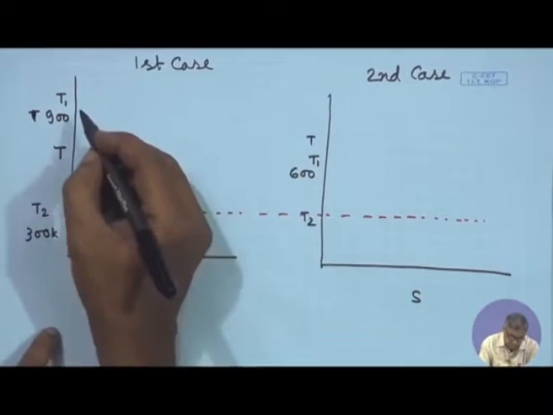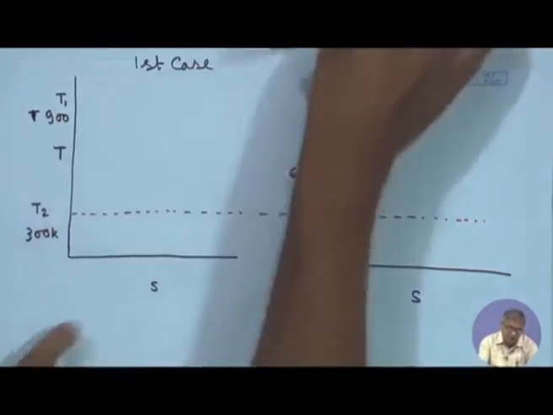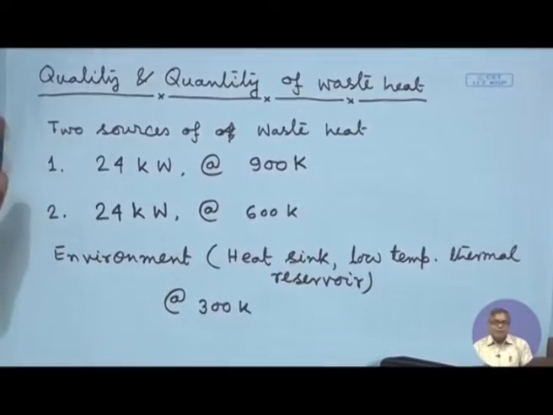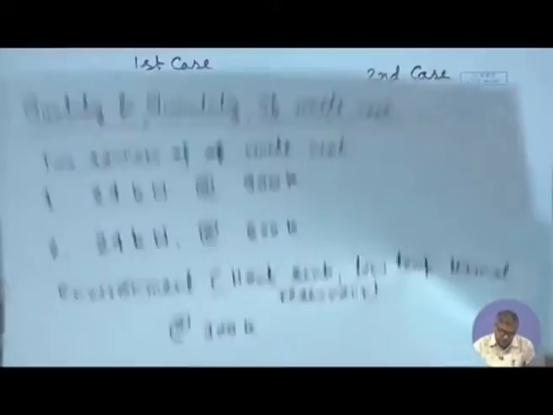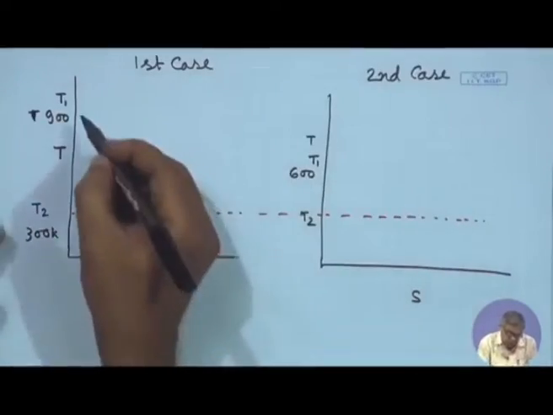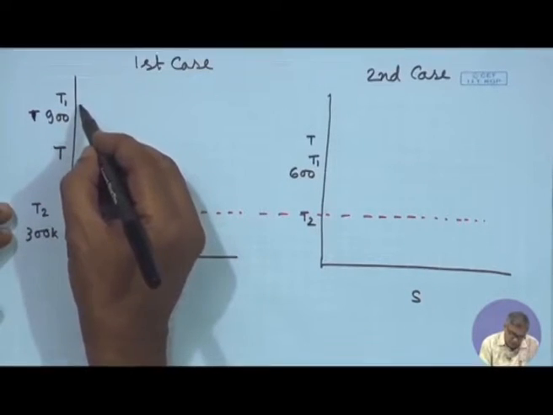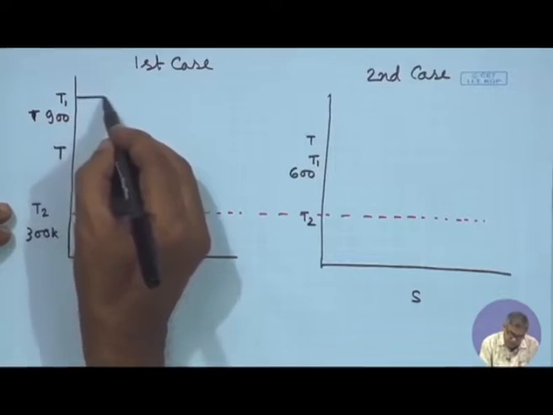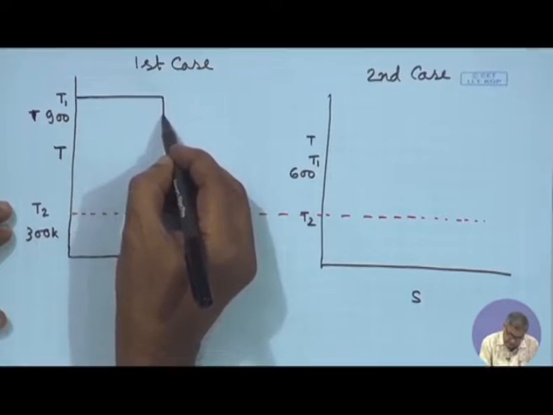In both the cases we had 24 kilowatt of thermal energy available from the waste heat source. So, 24 kilowatt of thermal energy will be represented like this.